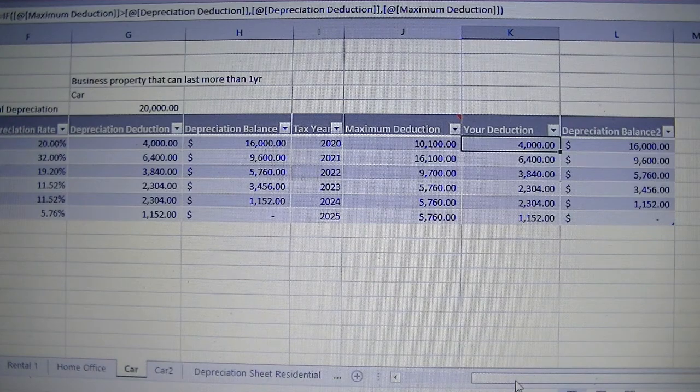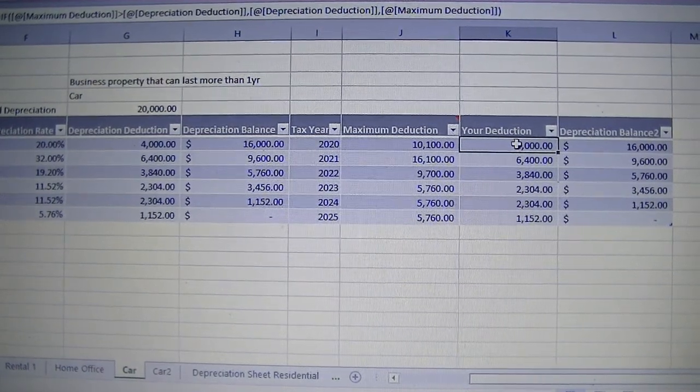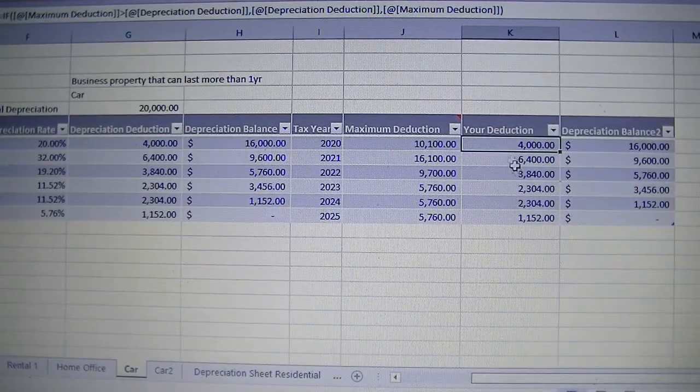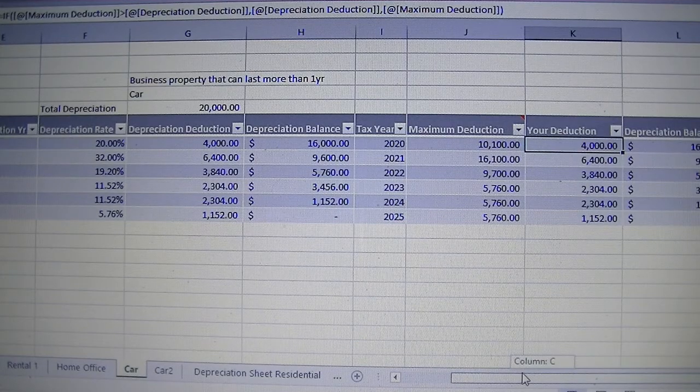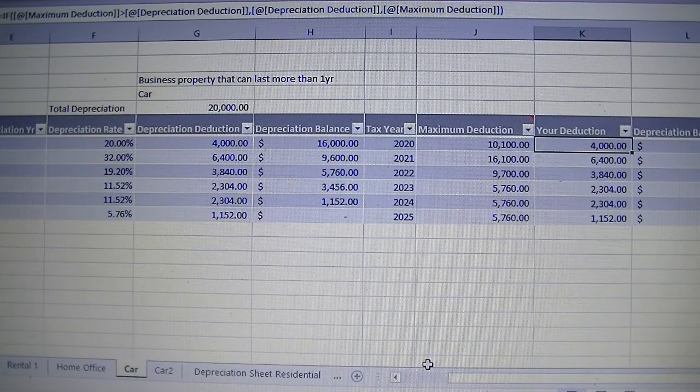And that's how you calculate your deduction. That will go on Form 4562 for the first year, and then for later years, if you don't place any asset in service, you will just claim it on your business tax return.